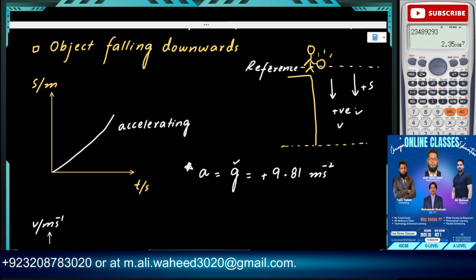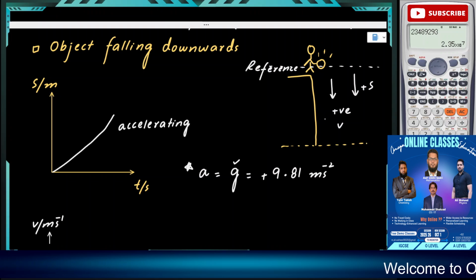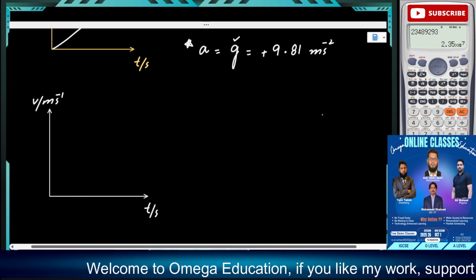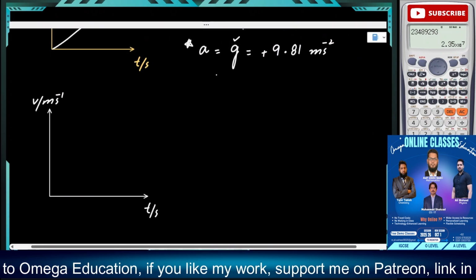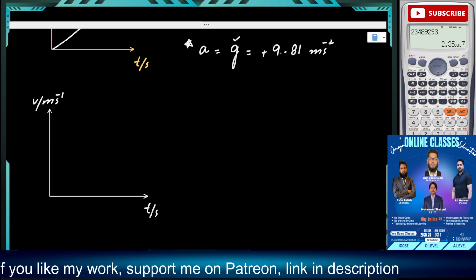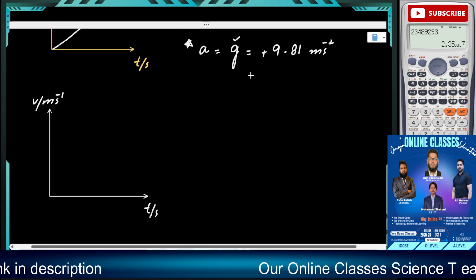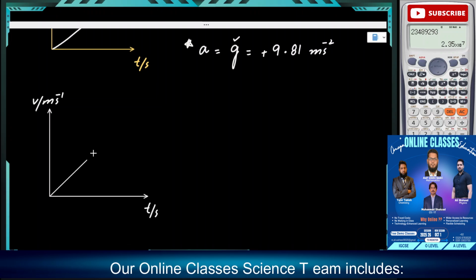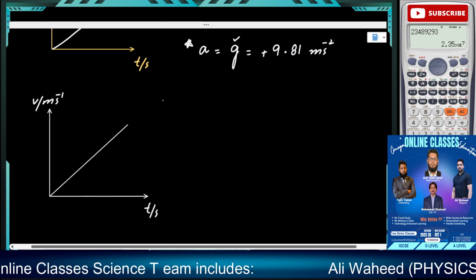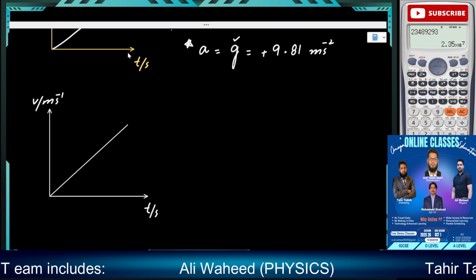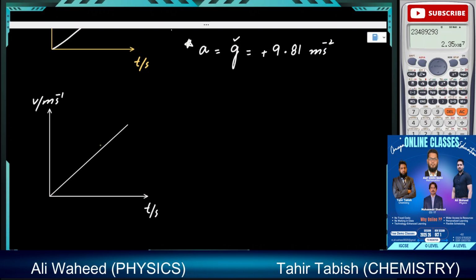And initially, you see the initial velocity was 0. As you release it, it speeds up. It speeds up even more. The speed increases more and more. But the acceleration is uniform, which is acceleration of free fall. So what does the shape look like? And in that case, the velocity time graph would look something like this. What does that mean?